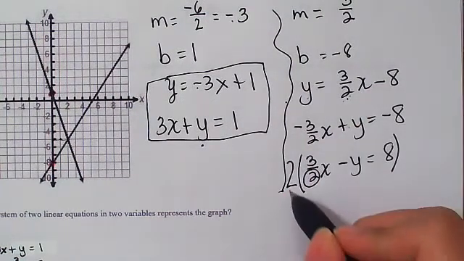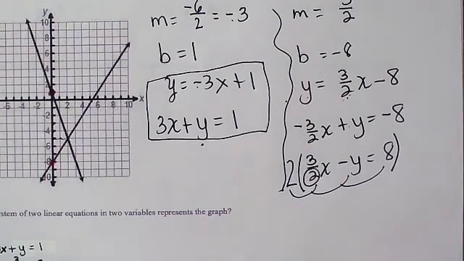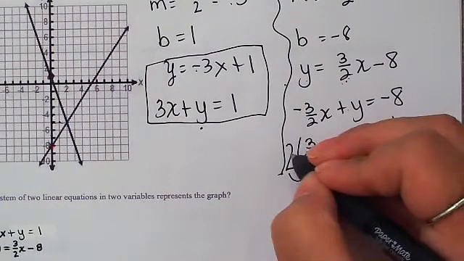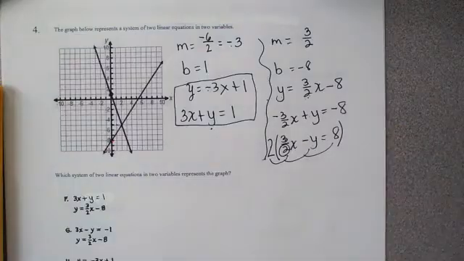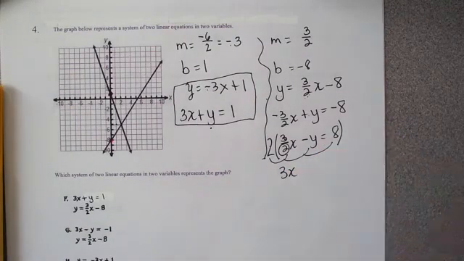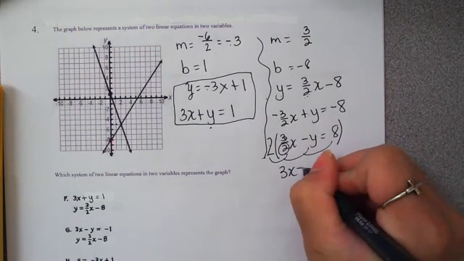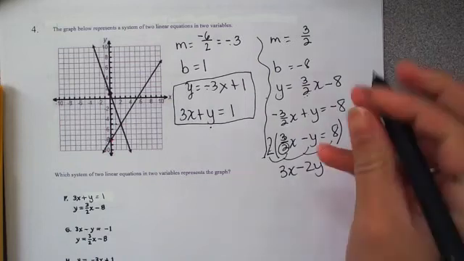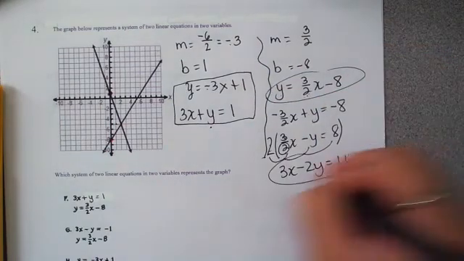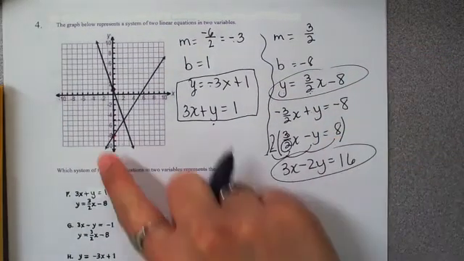So we're going to have to take this number, the denominator, and multiply everybody by it. Okay, so this one and this one are going to get multiplied by 2. So 2 times 3 is 6. 6 divided by 2 gives me 3. Okay, so that gives me 3x. Then 2 times negative y is negative 2y, and 2 times 8 is 16.